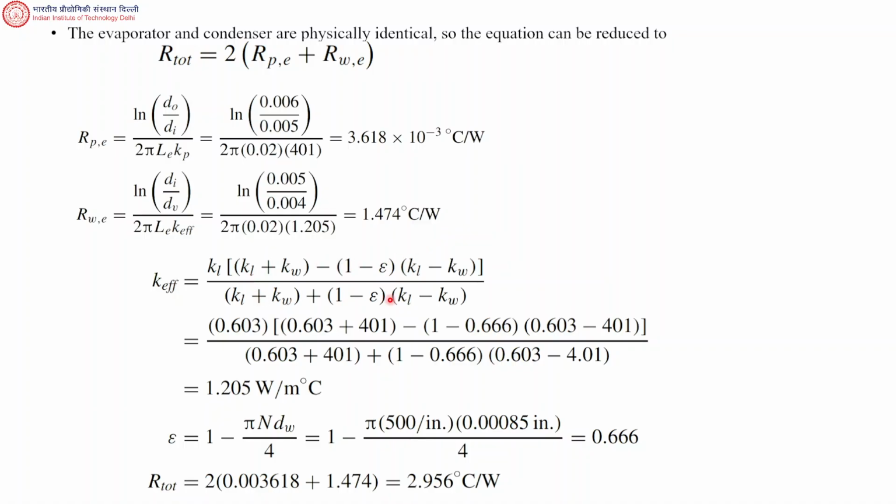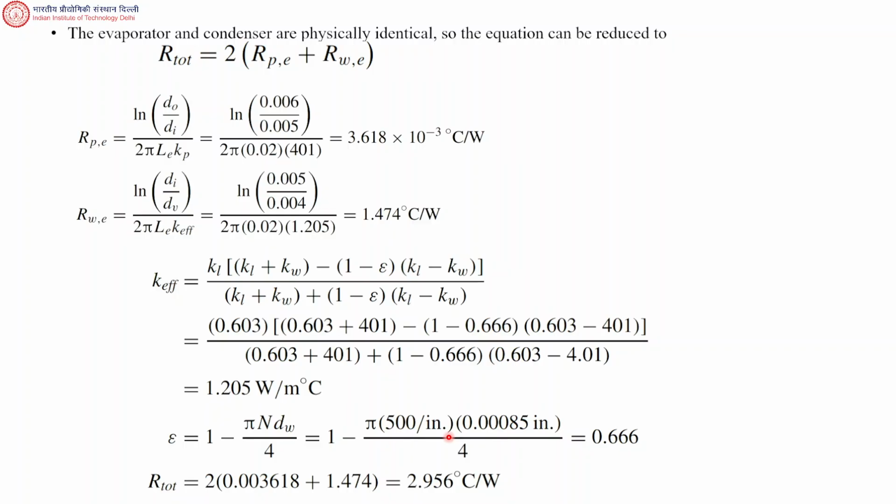Now in this K effective calculation, obviously there will be thermal conductivity of the wire, because this is a wick which has got the screens. So the screens are made up of wires. So the wire thermal conductivity will come into the picture, but also remember the wick has a liquid in it. So it also has liquid thermal conductivity. Epsilon is the quantity which is given by this expression, which has the geometry of this. So this has got this number N, which is 500 per inch.